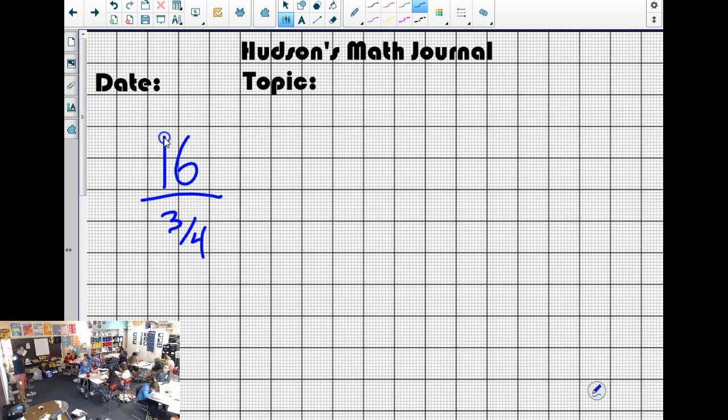It works, it is what it is, but we don't write numbers like that. So I want you to talk with your group for a minute and see how could I fix this? How can I get this to turn into a fraction that's actually appropriate? I want to essentially get rid of this being a fraction. So what could I do? Go for it.